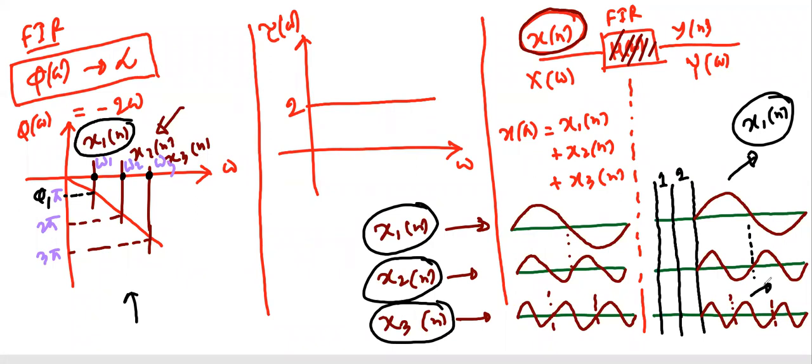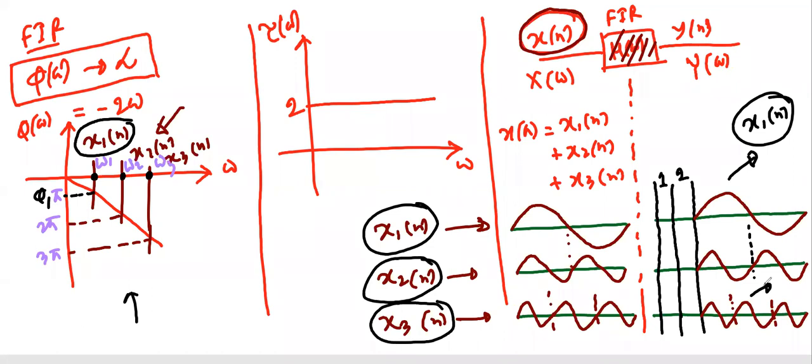I'm asking what is the delay for x3[n]? How many samples? 3 or 2 samples? It must be 2 samples.